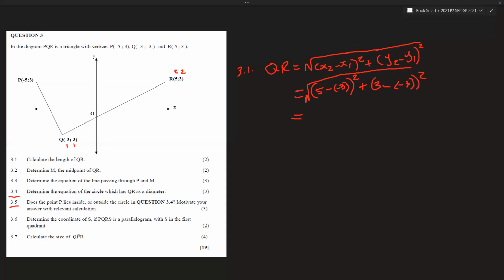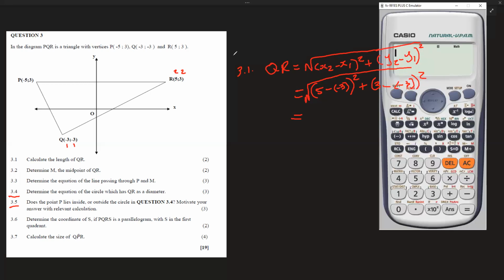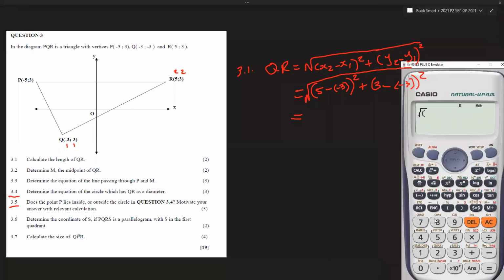And now you can easily punch that on our calculator. So you press square root in bracket, 5 minus -3, then you square, and then you add a plus in between, and then you have 3 minus bracket -3, and then you square.